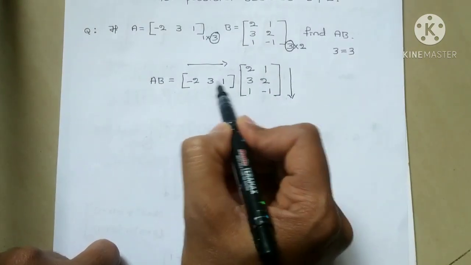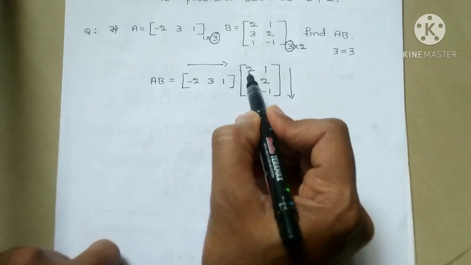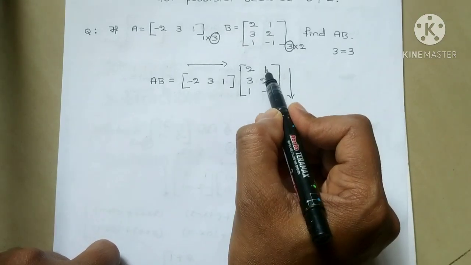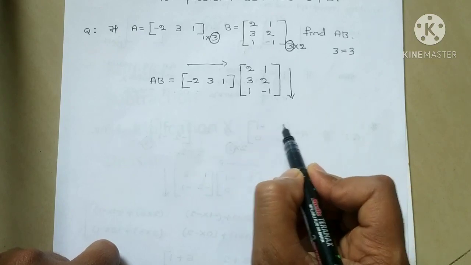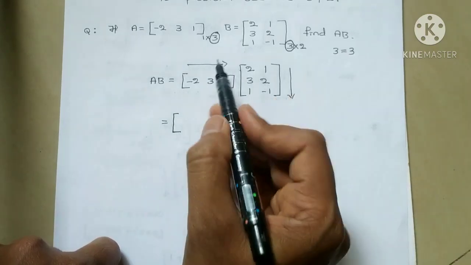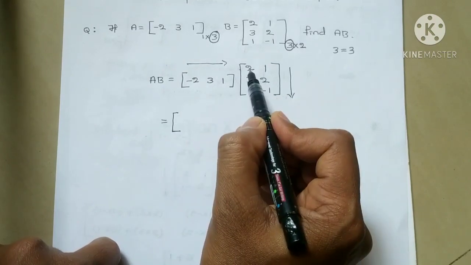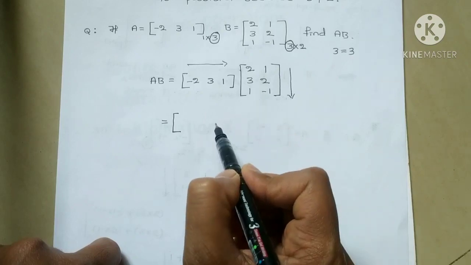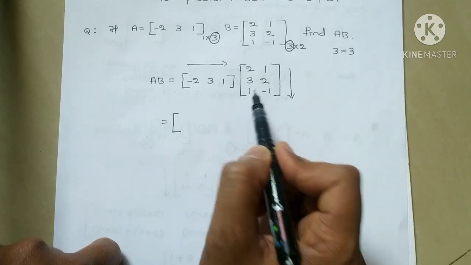So here only one row is there. First row you have to multiply with first column, note down here. First row you have to go with second column, note down here. So in that first element with first element, middle always plus sign. Second element with second element, middle always plus sign. Third element with third element.